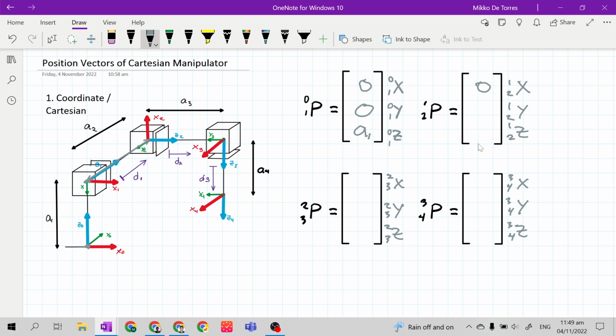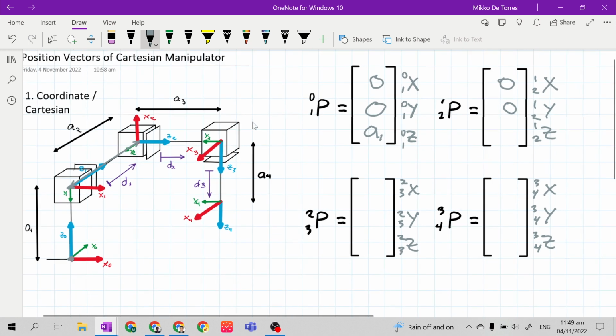Along the y sub 1 axis, there is no link length, so this is 0. Along the z sub 1 axis, we have a sub 2 plus d sub 1. A2 plus d sub 1 is the z element.